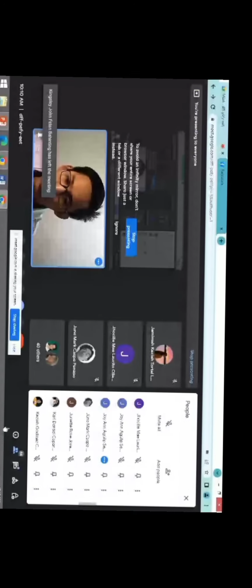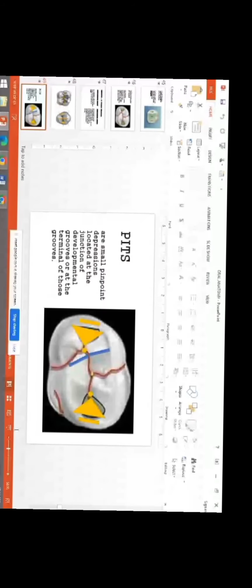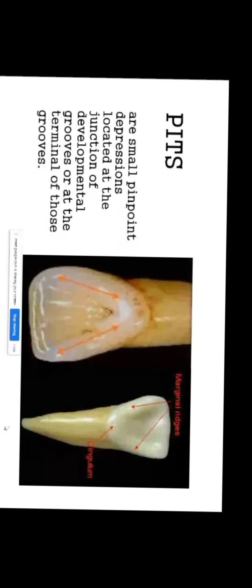Naputol akong slides, guys. Di ba kita? Yes, Doc. Di makita. Sige, proceed na lang ta sa next. Sige, anyways. How about that? Makita na na? Yes, Doc.